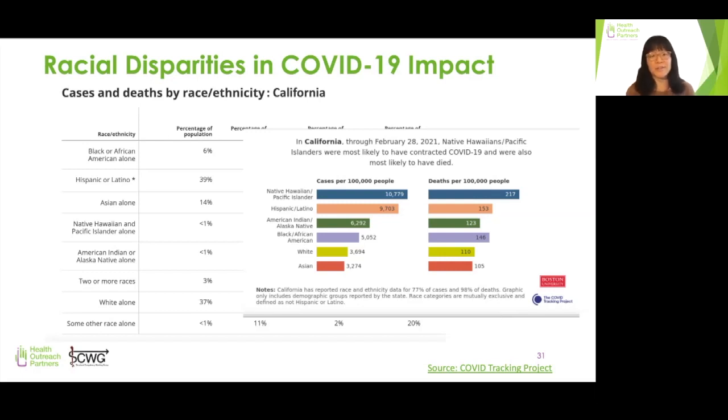So with all of this, it's really important that this information is being collected. We always need this data, and even though it's good to have aggregated data, we need to disaggregate it as well, looking at race and ethnicity. Liam, you can go to the next slide.